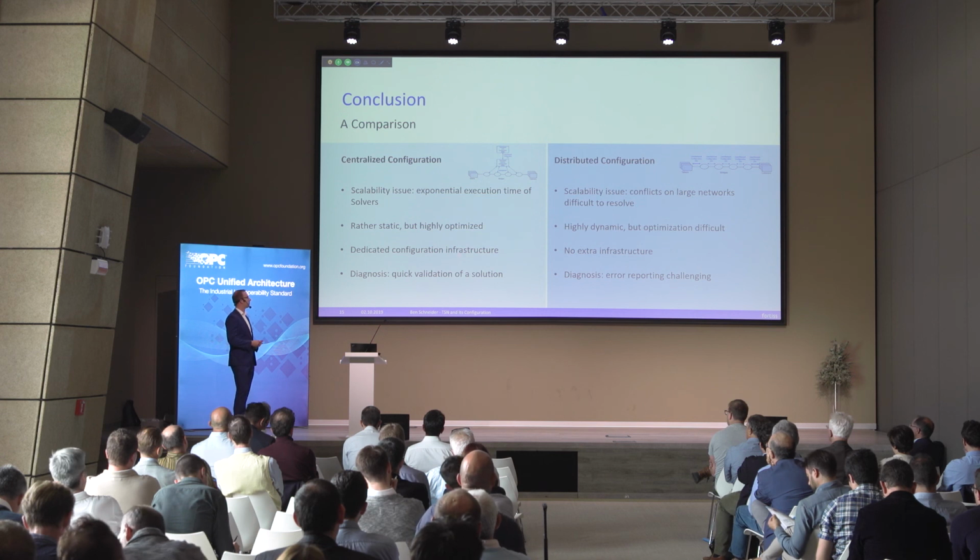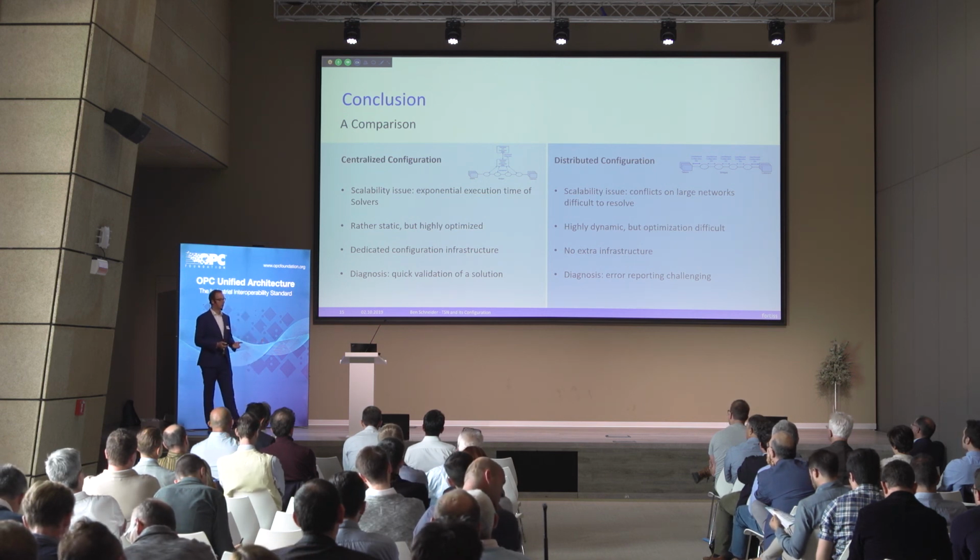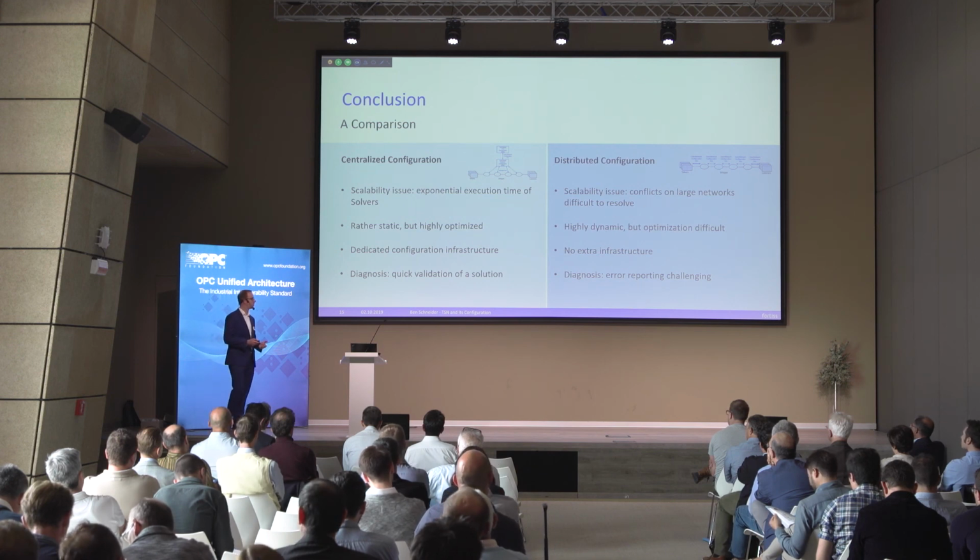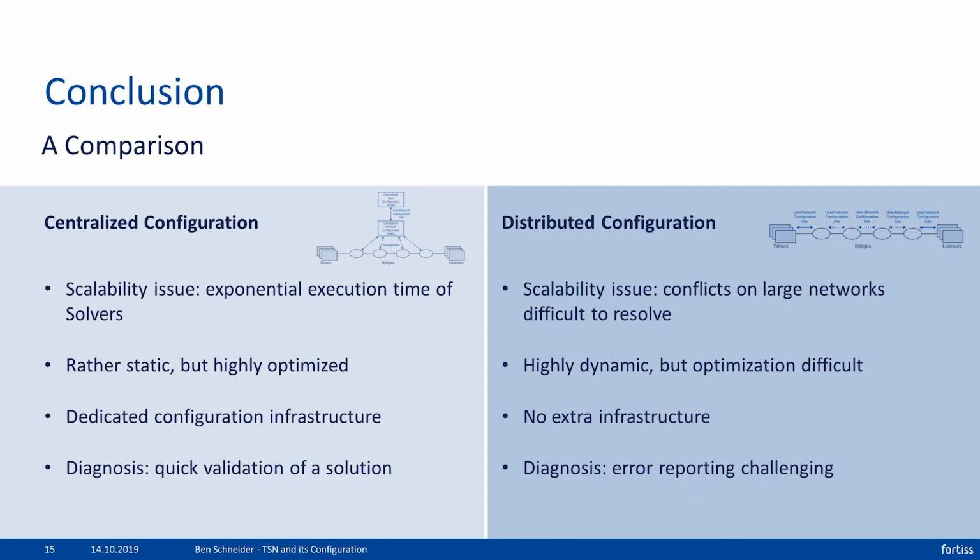But you can, of course, do optimization, such as highly optimized schedules. On the other hand, we have the dynamic nature of the distributed approach. This is more suitable for a small and medium-sized plug-and-play system currently. But the optimization is very tricky.